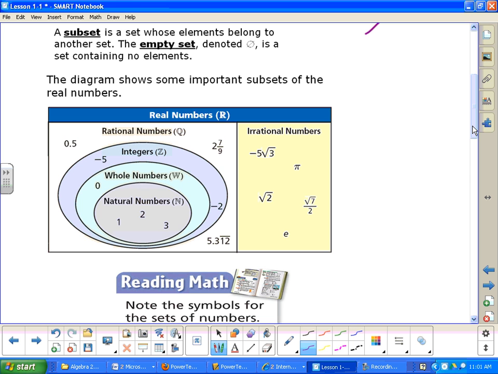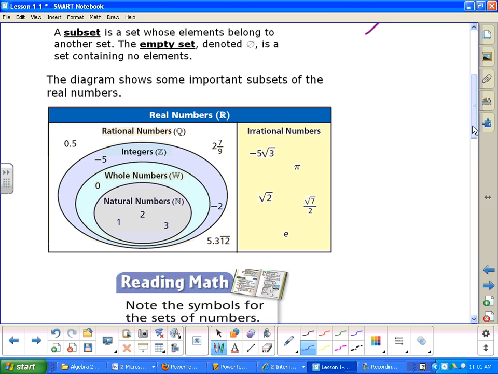Rational numbers can be written as a fraction or a decimal that terminates or repeats. Like 0.333 with a bar over it, that would be a rational number because it repeats over and over again. The number 3.5 would be a rational number because it terminates.